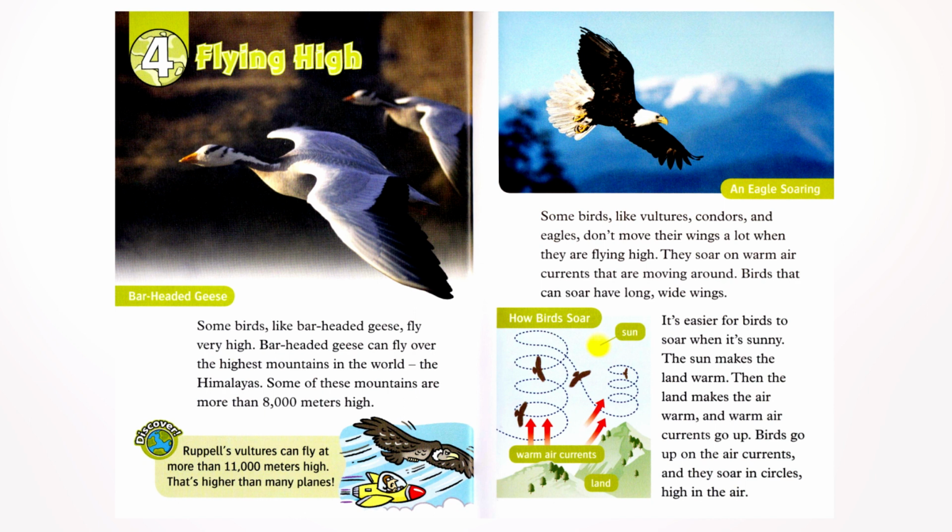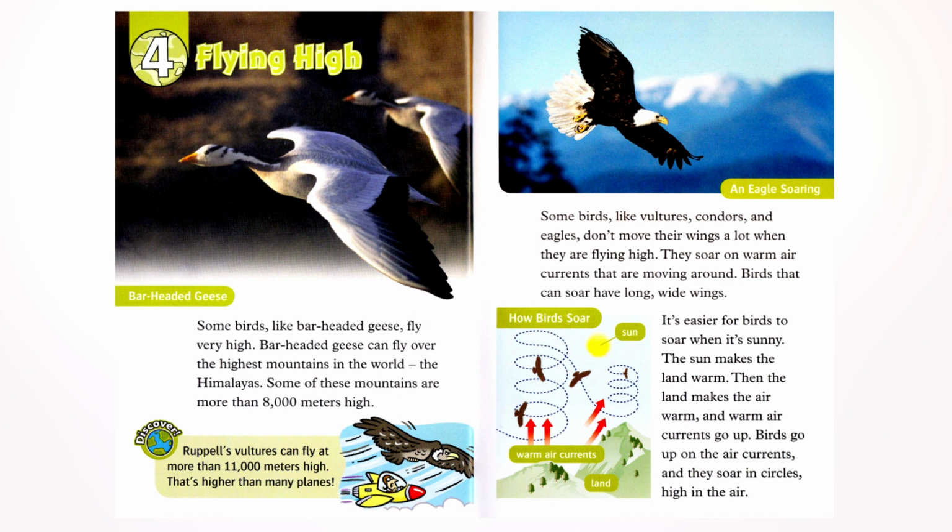Some birds, like vultures, condors, and eagles, don't move their wings a lot when they are flying high. They soar on warm air currents that are moving around. Birds that can soar have long, wide wings.